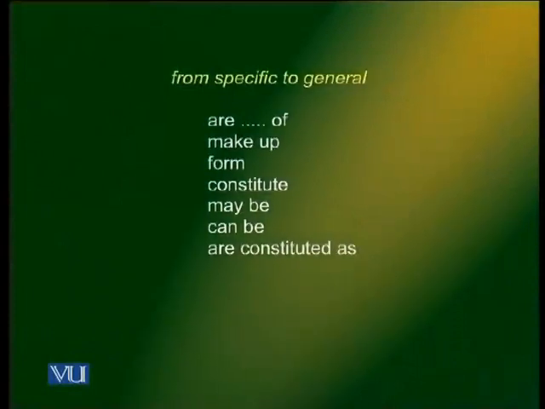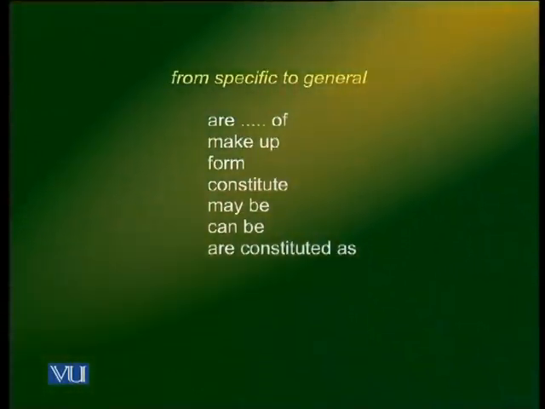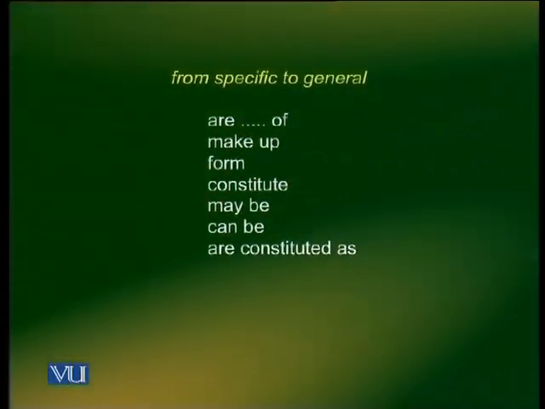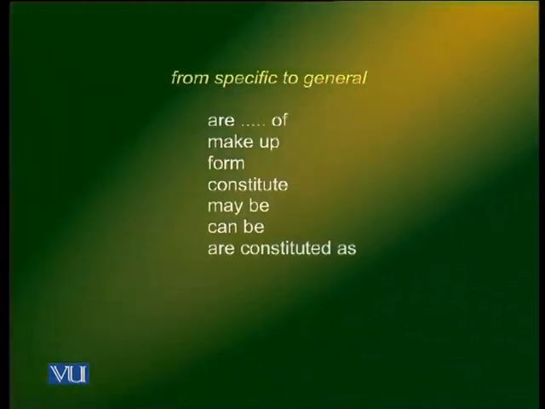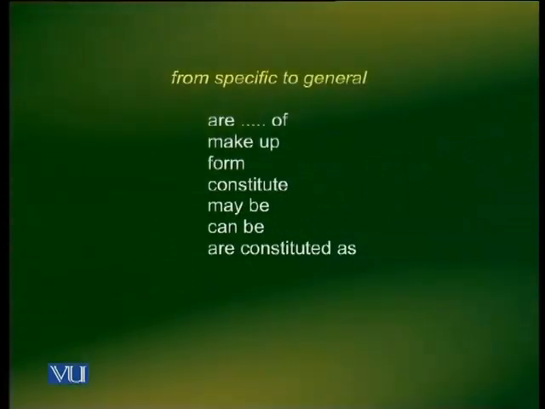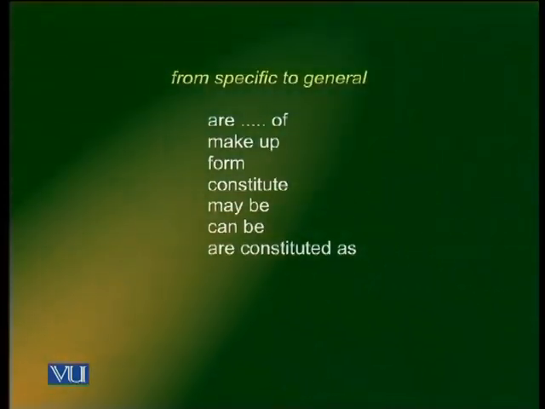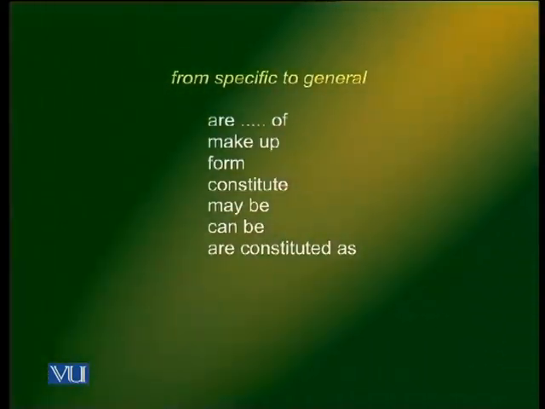Now we'll look at ways of showing, of going from specific to general. A specific to general classification is what the smaller or the lower level components make up when they are put together. And the usual expressions are constitute, maybe, can be, are, of, make up, form.